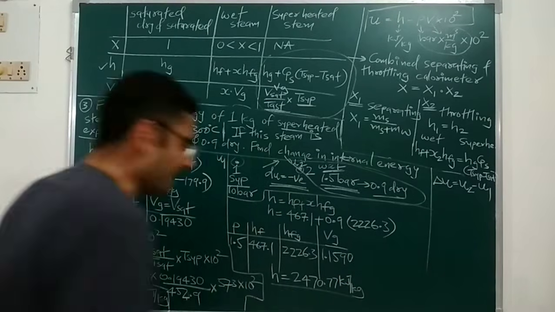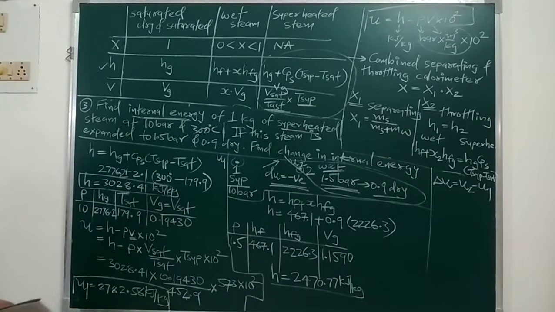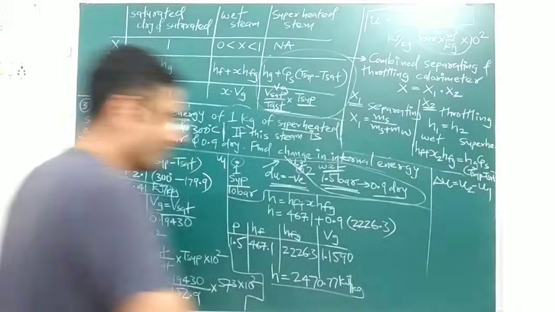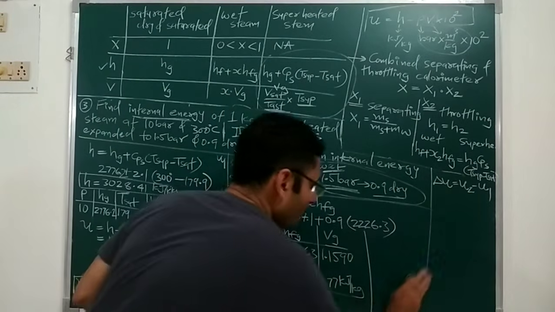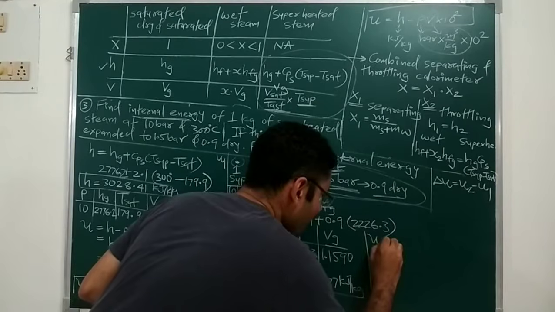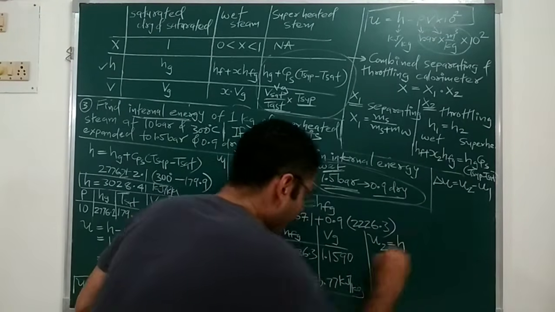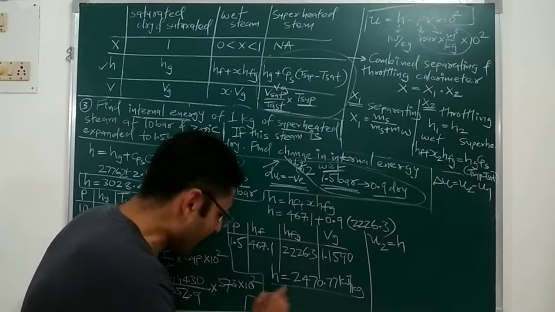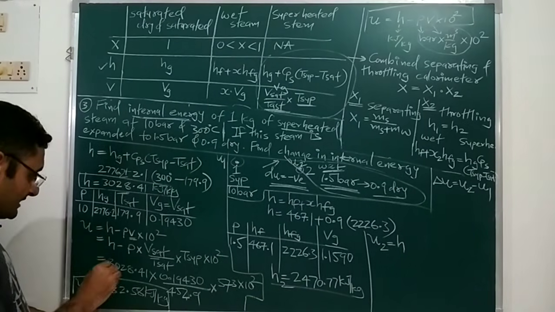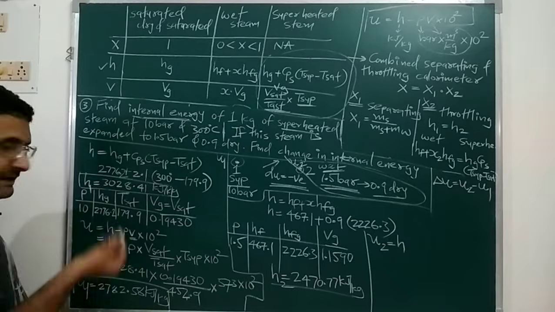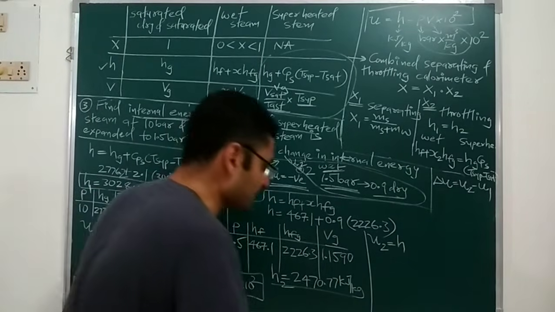Now that is the answer for H, but it was not asked to be calculated. Why are we calculating it? Because we want to find the internal energy at point number 2, U2, and U2 comes from H. Which H? This H. H2 you can say, or you can say H1 also. As per your convenience, you can select the symbols.